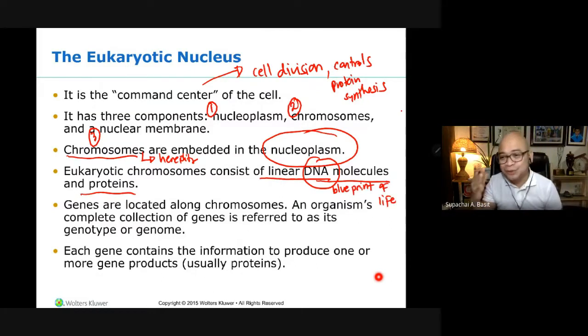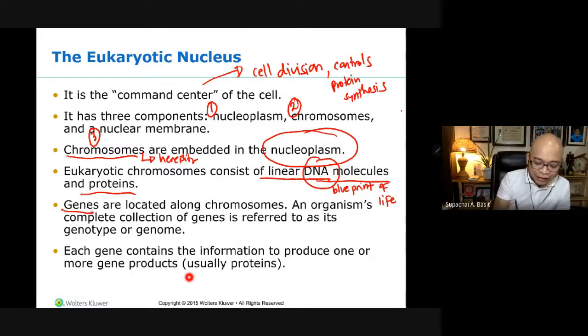So the reason why you're short, the reason why you're tall, the reason why I'm bald, the reason why you have kinky hair, is because it's all imprinted in our DNA. Primarily because the genes are located along the chromosomes. And an organism's complete collection of genes is referred to as the genotype or the genome.